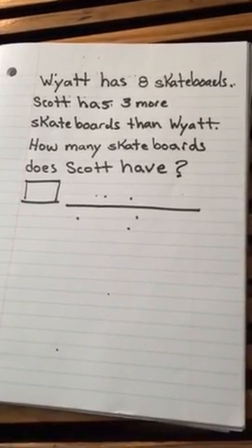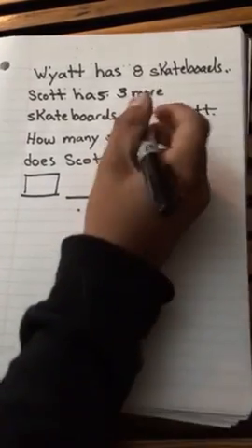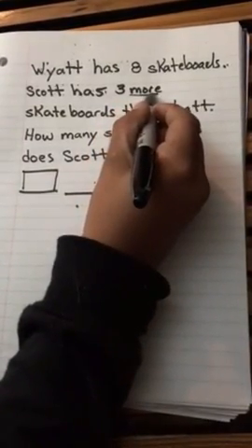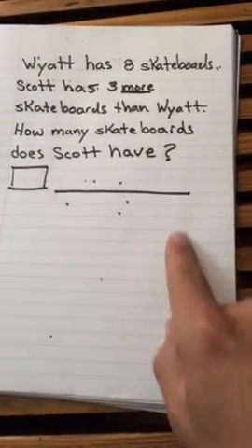Okay, Wyatt, how do we know that this is a compare problem? By the word more. Okay, so if it's a compare problem, go ahead and draw those compare bars.